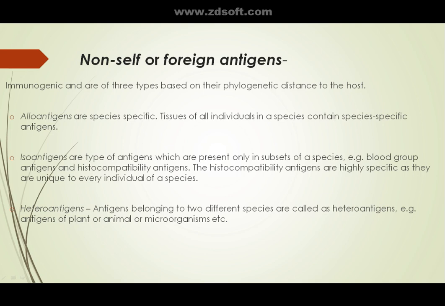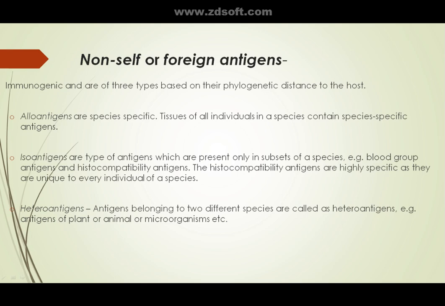Or even other humans: the excreta or fecal matter of a human or animal, when it comes in contact with your body, can lead to problems. So these are all called non-self or foreign antigens.